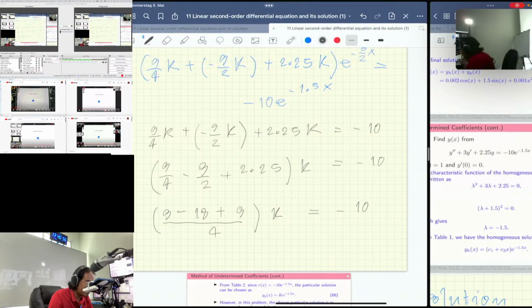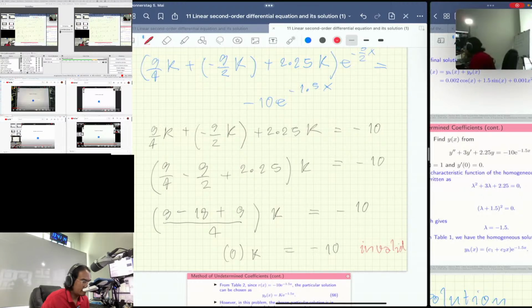You can see that it corresponds to 0, so you have 0 times K equal to -10, right? So it's invalid. Unfortunately, it's invalid.